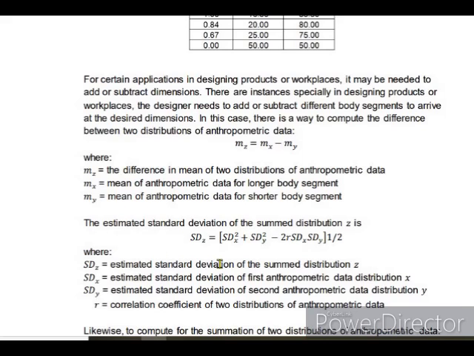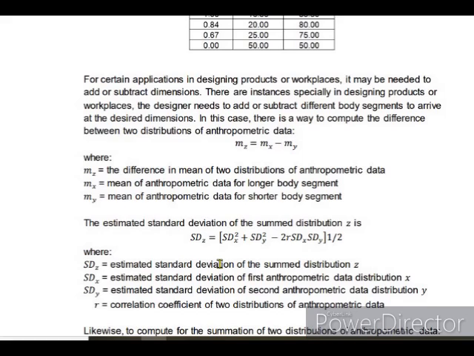Next, the estimated standard deviation of the summed distribution z is SD sub z, equal to the square root of the square of SD sub x plus the square of SD sub y minus 2 times r times SD sub x times SD sub y.